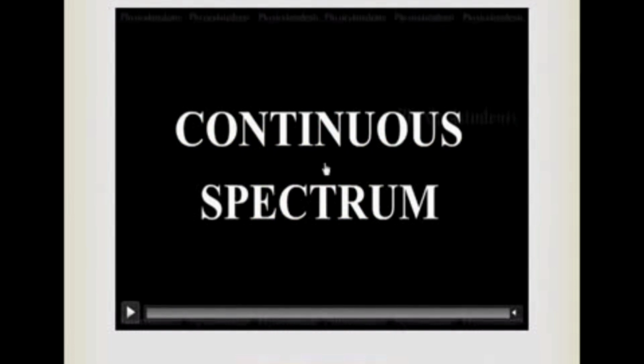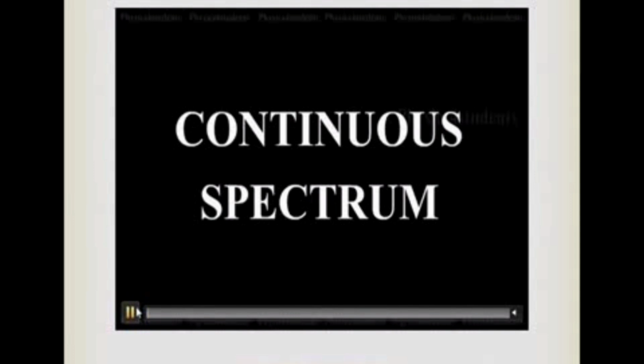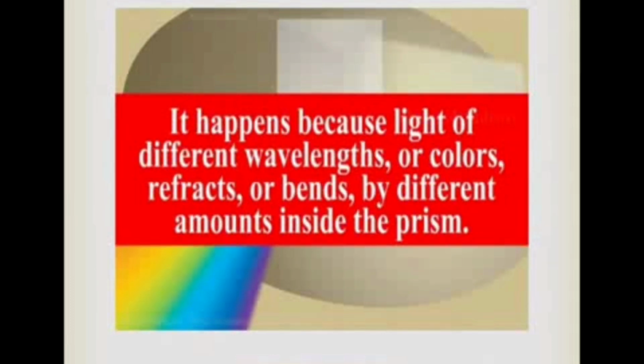Now you can see the continuous spectra. When white light passes through the prism, it gives the 7 colors. This is called dispersion. It happens because light of different wavelengths or colors is refracted, or bent, by different amounts inside the prism.